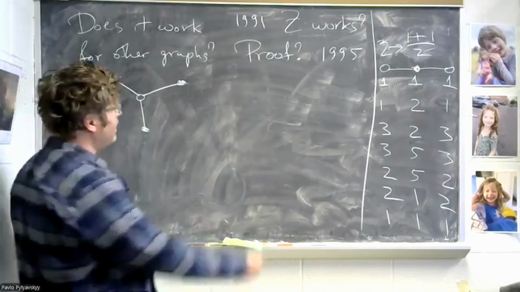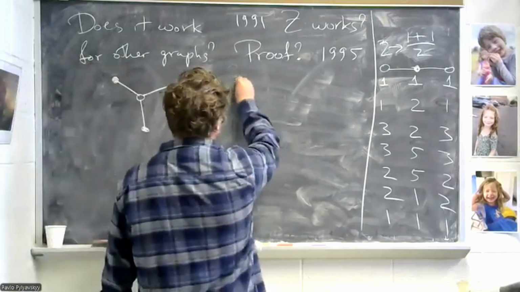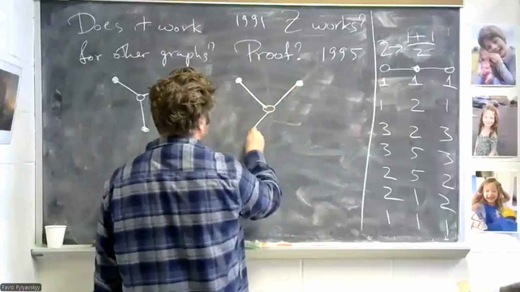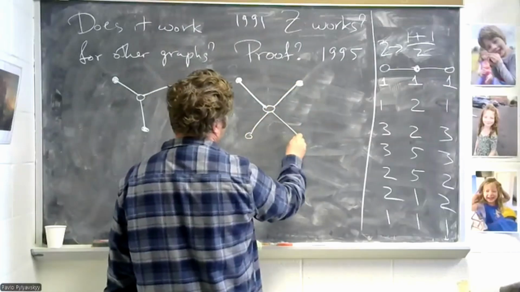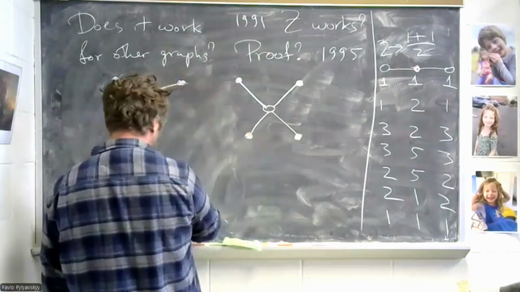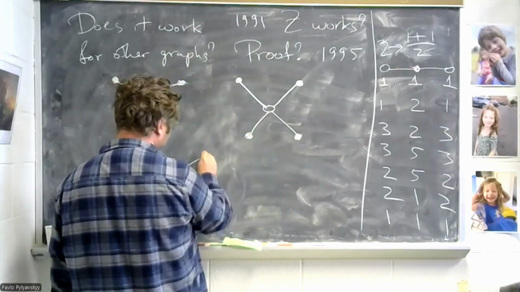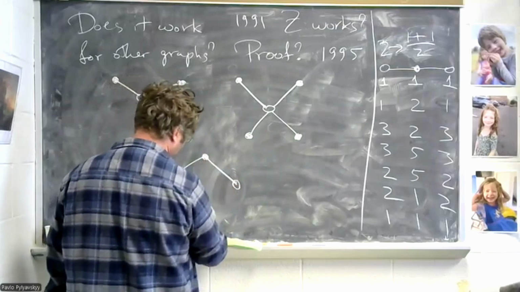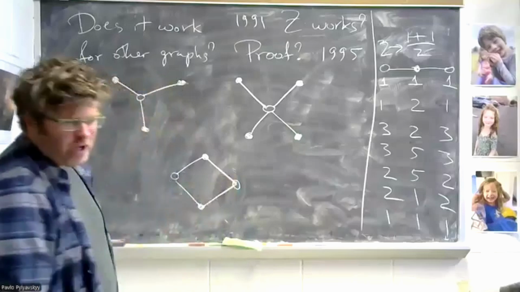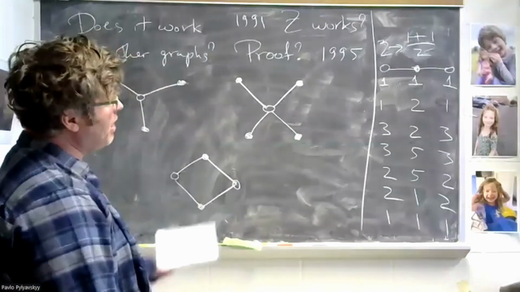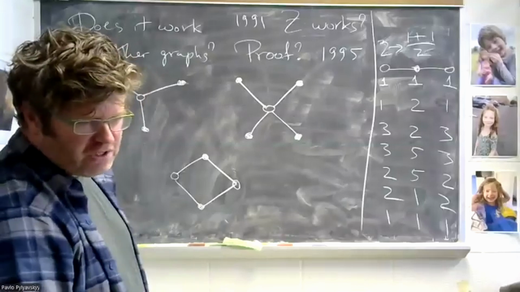Here's graph number one. Here's graph number two. Here's graph number three. You can take all sorts of bipartite graphs and play the same game, right? You just use the same formula.